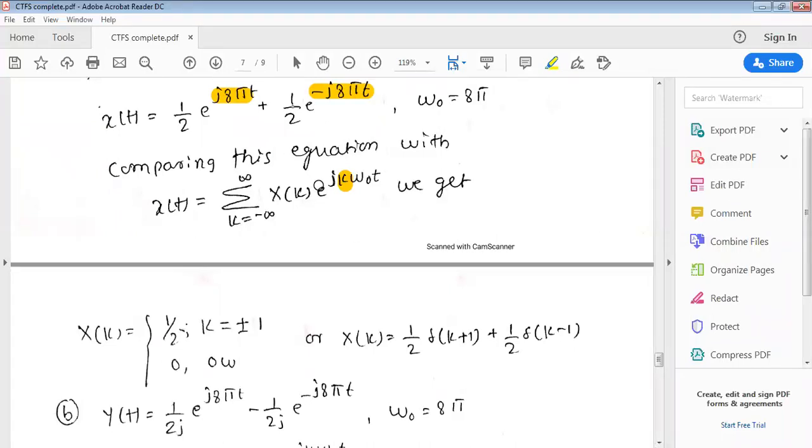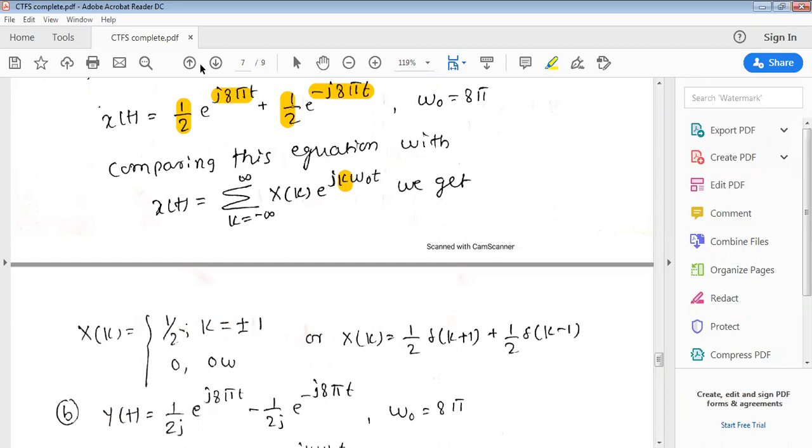See here, x of k is the magnitude value. Magnitude value is 1 by 2 only, so I wrote 1 by 2. Now, how did I get this value? Omega naught is 8 pi, so 8 pi into t, j 8 pi into t into k, how? Compare this equation with this equation. Here also I am going to get 8 pi j into t. What is the value of k?